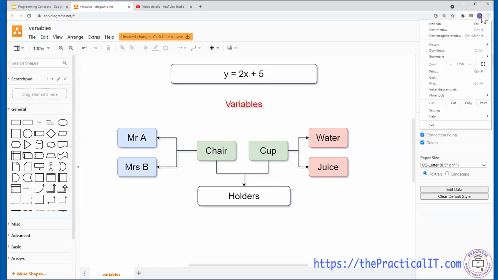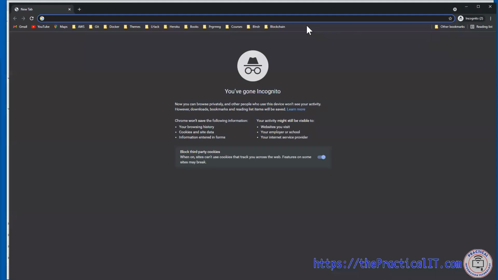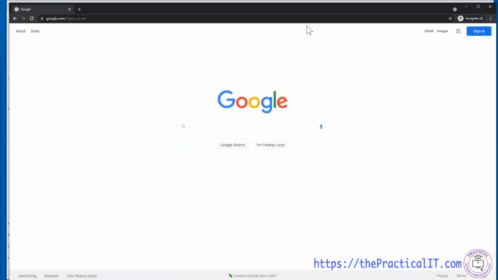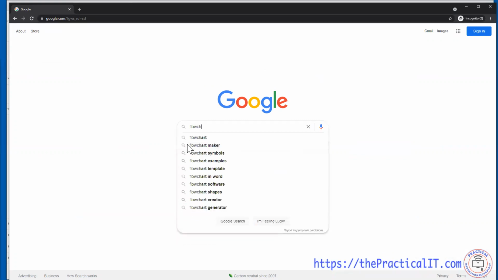So for example, if I go to a simple google.com, as you can see over here, there is a cursor waiting for me, which is an input. As long as I put something in over here, it is going to give me some results. If I say flowchart, you can see a flowchart is populated, because I have given a value.